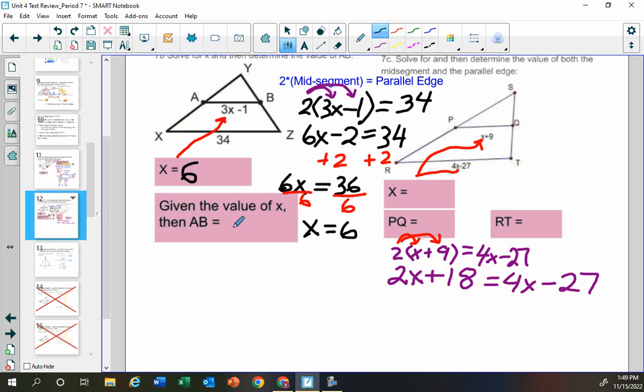And then plug that 6 into 3 times 6 plus 1. Remember, it's 3x plus 1. And actually, I think we kind of talked about it a little bit. Remember, AB was a 3x plus 1. X was 6. Oh, that should be a minus 1. I'm sorry. My fault, folks. 3 times 6 minus 1. You should get 18 minus 1, which is 17.